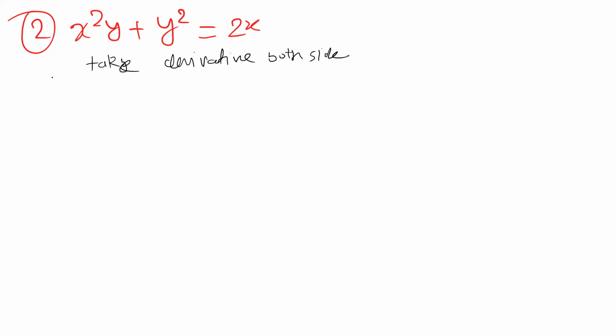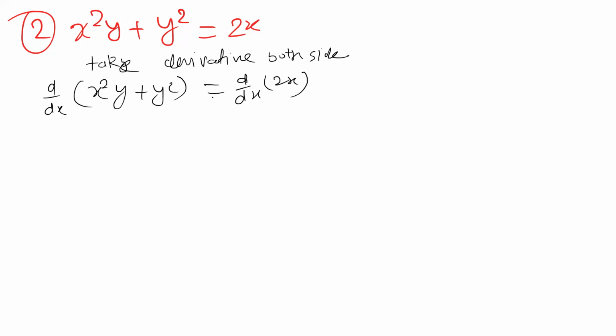Okay, so take a derivative of x square y plus y square equal to 2x. Okay, then here you can also write this way. I am writing every step so that you can understand better.